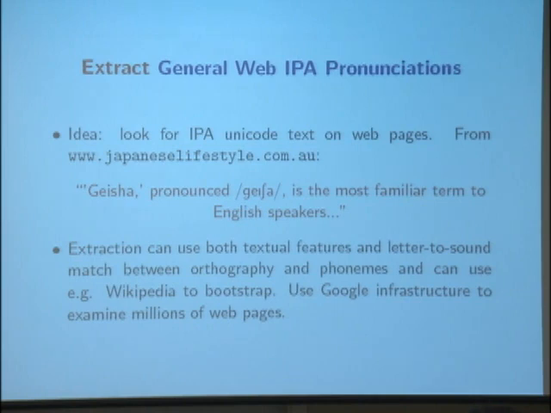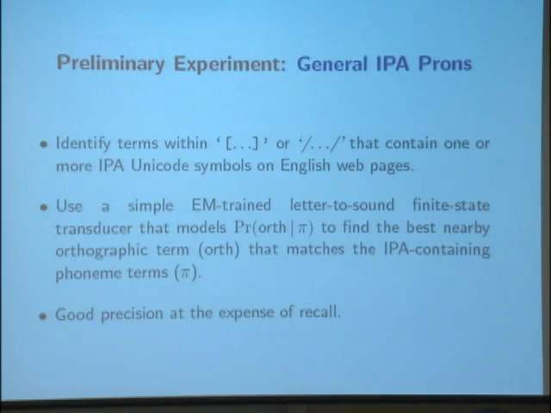Here's an example: Geisha, and then the pronunciation over here. Notice again, this is not adjacent to it. There's a kind of clue here, the word pronounced, although obviously you don't want to assume that anything that occurs after pronounced is a pronunciation. Pronounced dead is a good example of where that wouldn't work. So we limit the set of patterns.